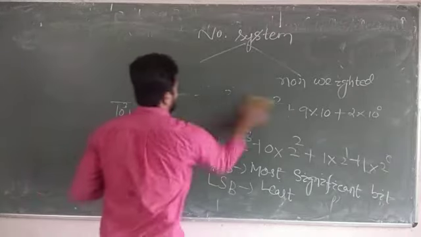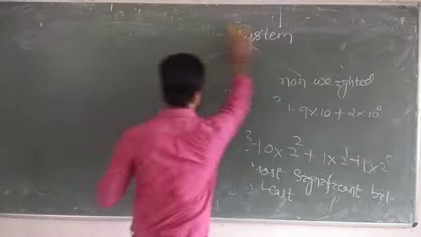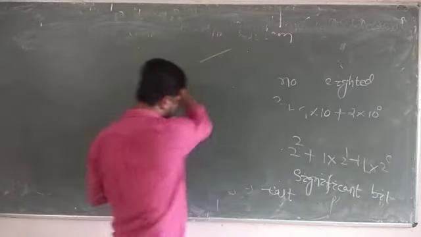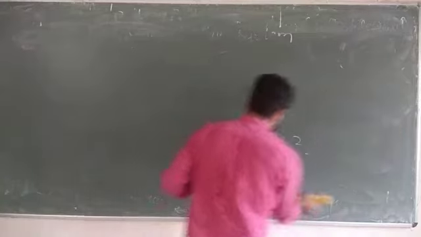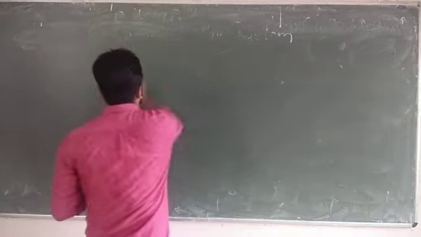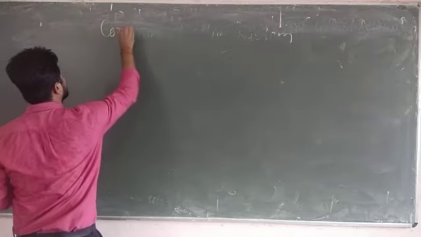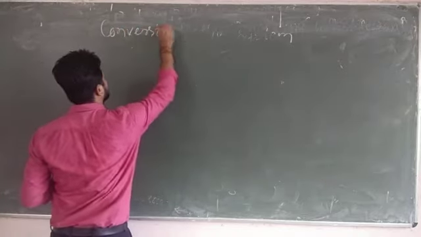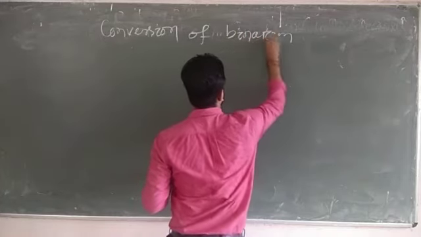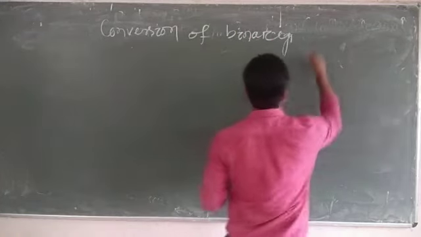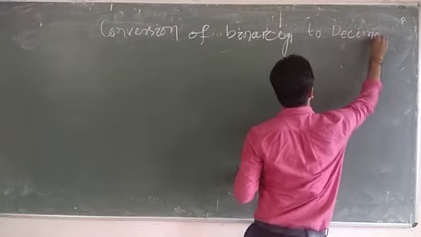So next we will see how to convert a binary number to decimal. In the last class we studied the conversion from decimal to binary. Now we will study the conversion of binary to decimal.